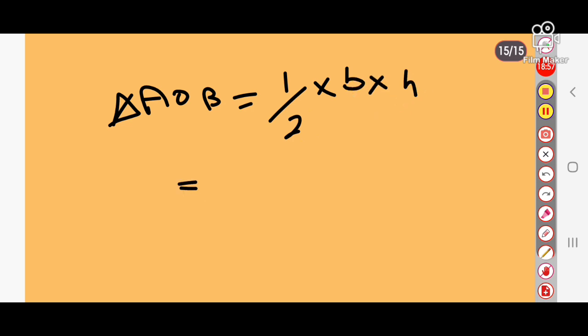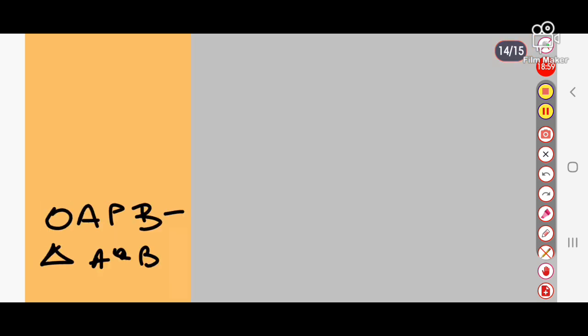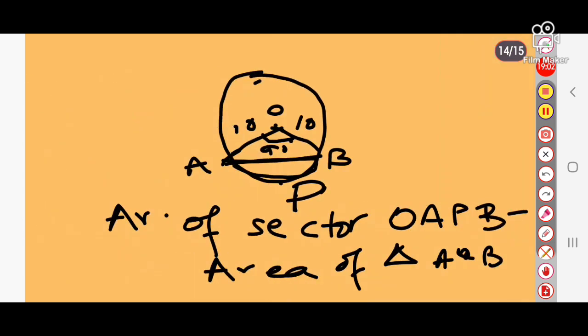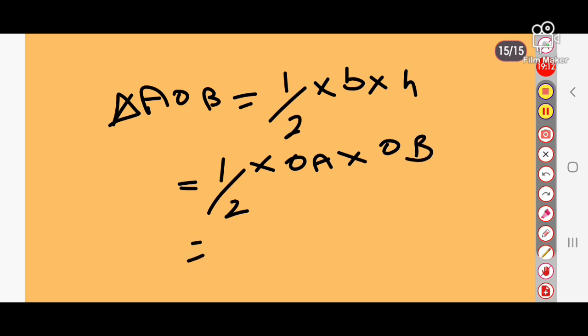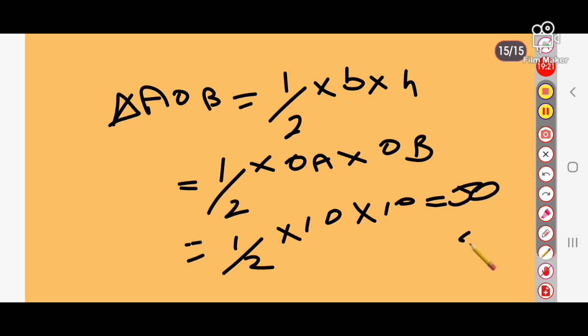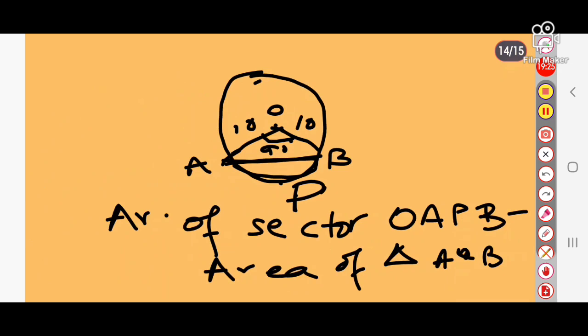So that is equal to half into 10 into 10, half into OA into OB. That's base and height, with respect to 90 degree, since it is a right angle. Half into 10 into 10 obviously gives you 50 centimeter square. So we found the area of triangle AOB is 50 centimeter square.